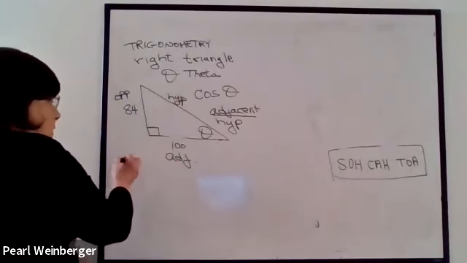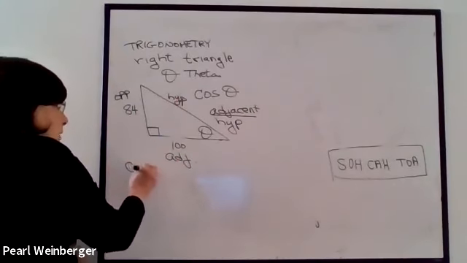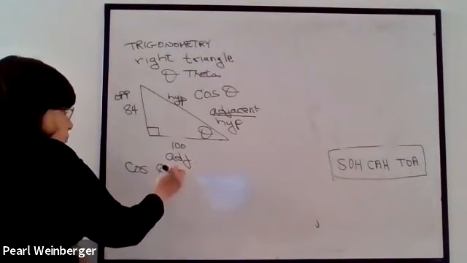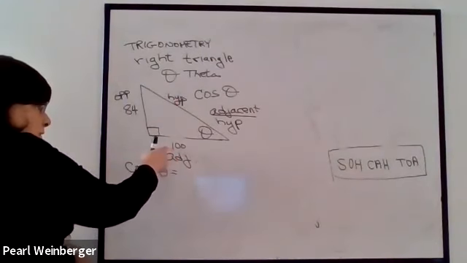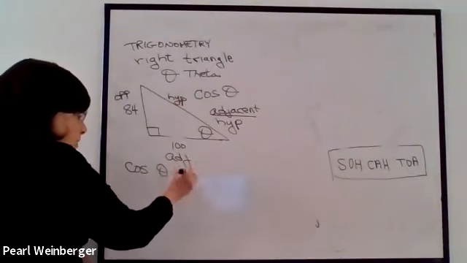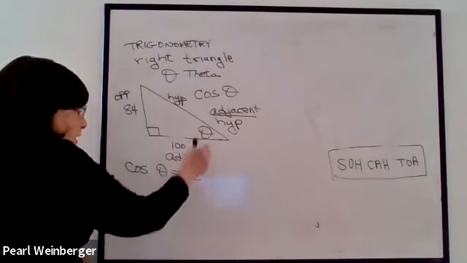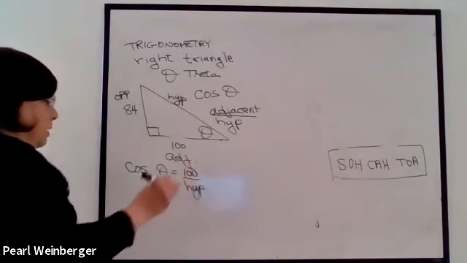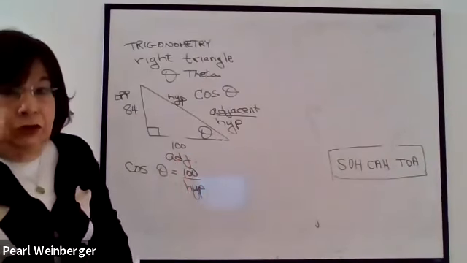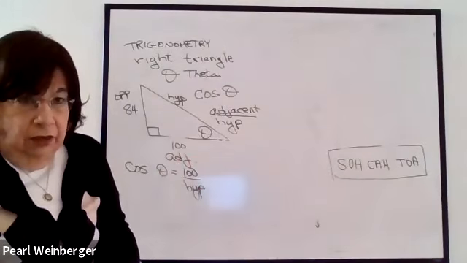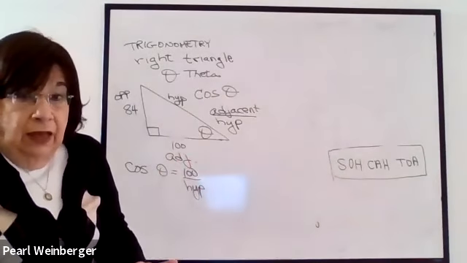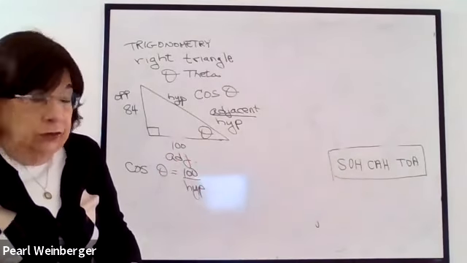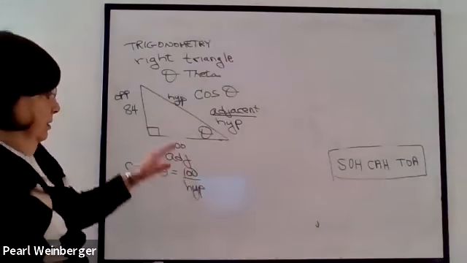So I know if I want to find the cosine of theta, I have to do the adjacent side, which I see, I know what it is. It's 100 over the hypotenuse, which I don't know. And this gets right to your question, Dion. How do I figure that out? Absolutely.